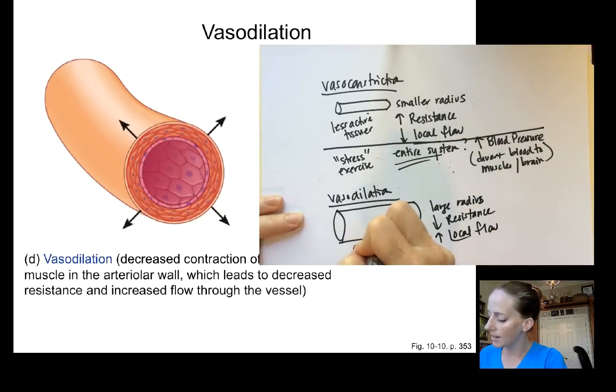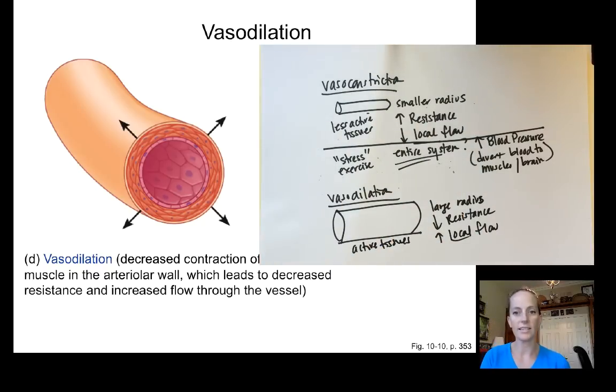That is going to happen in active tissues, where you will see everything listed here: low oxygen, high carbon dioxide, high nitric oxide, histamine release during inflammation, and less sympathetic stimulation. So basically, metabolic activity is going to vasodilate locally.